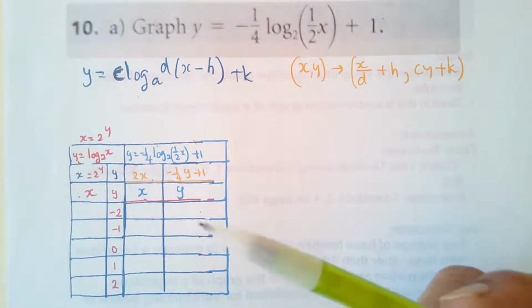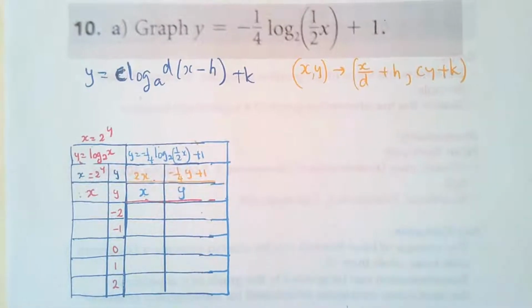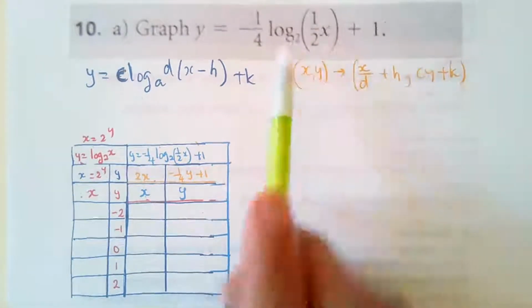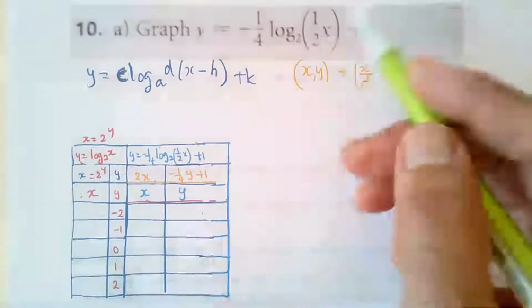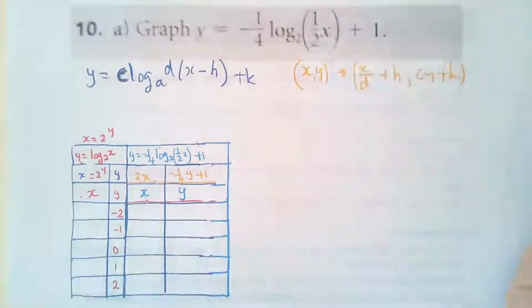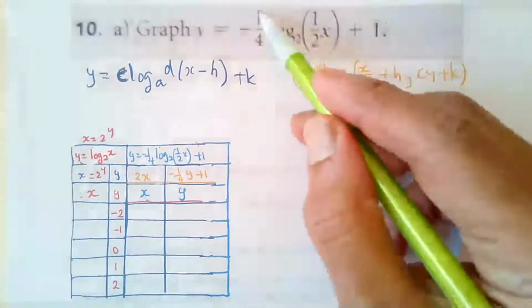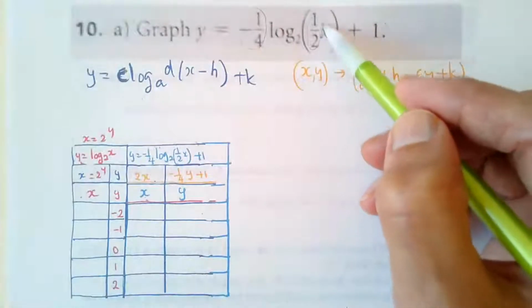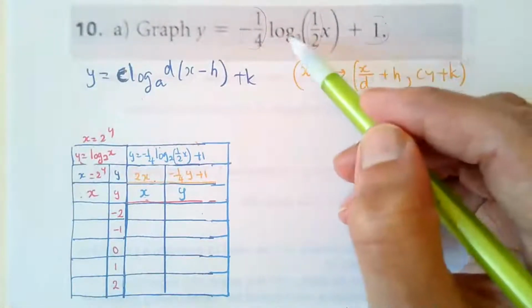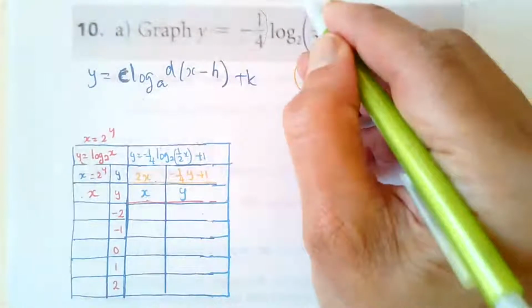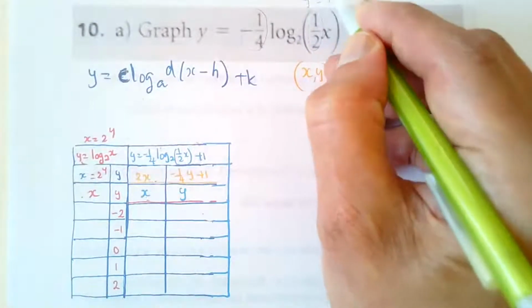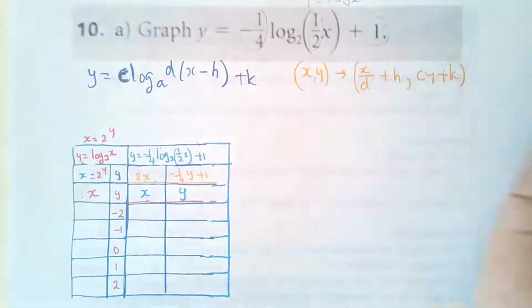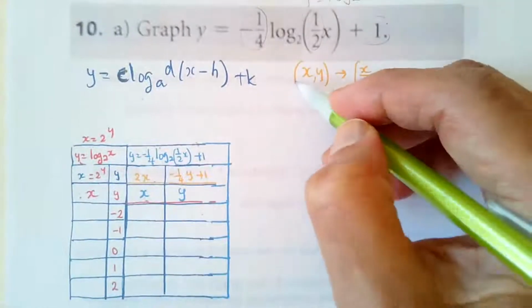The first thing you want to do whenever you are given a log function to transform is look at the base log. In this case, if you strip off the transformation, remove the quarter, remove the half, remove the 1, we're left with y is equal to log base 2 of x.